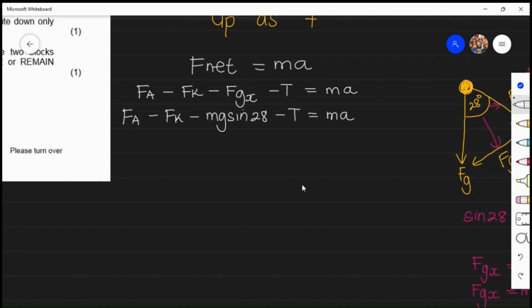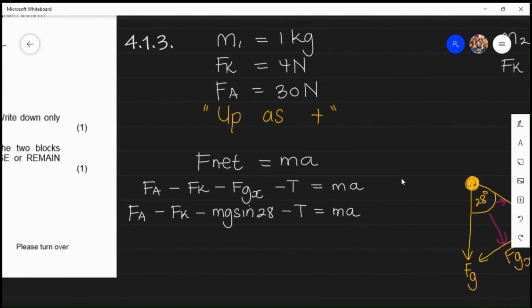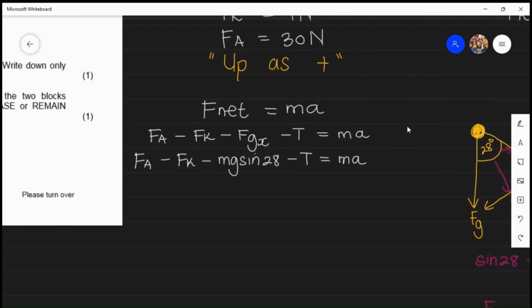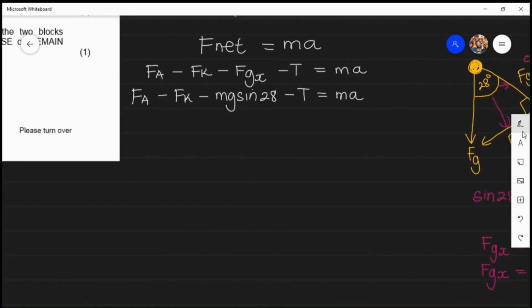So we've now broken up our formula as far as possible. What we are now going to do is substitute all the known values into our formula and see what we are left with. So we have mass of 1 kg, kinetic frictional force of 4 newtons, and applied force of 30, not 40, 30 newtons.